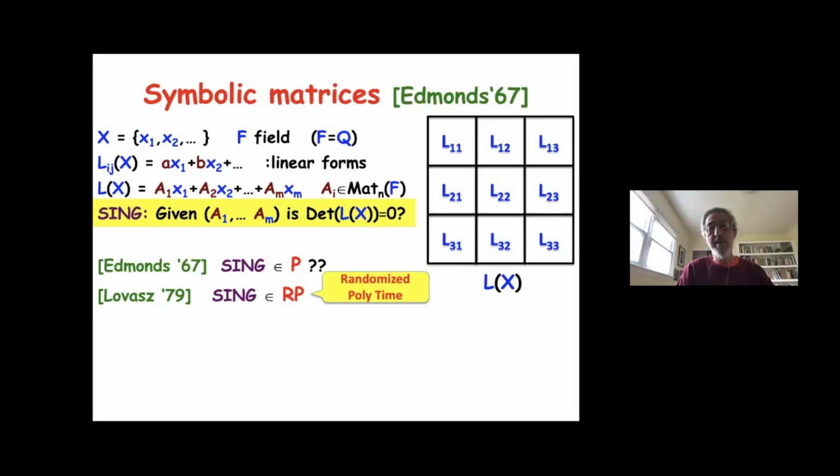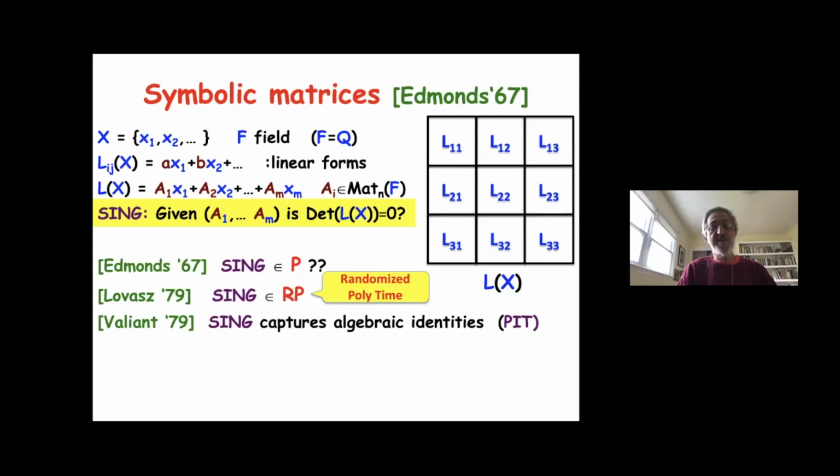This is simple. Of course, if the determinant was identically 0, you will never get non-zero in this process. And if it was non-zero, then random numbers will catch a non-zero. That's basically the argument. So it's a very simple probabilistic argument. And so you can think of the question of whether it's in P as a de-randomization problem.